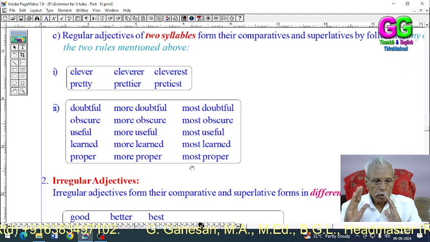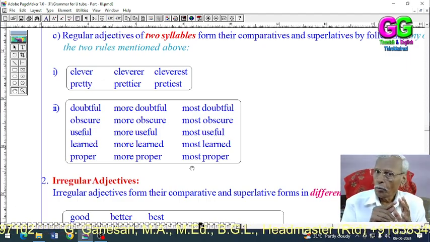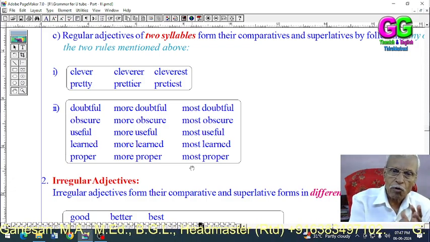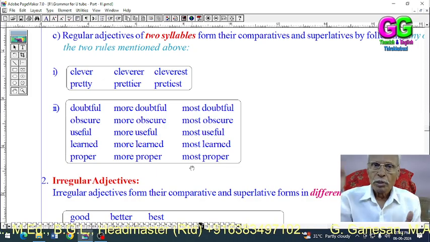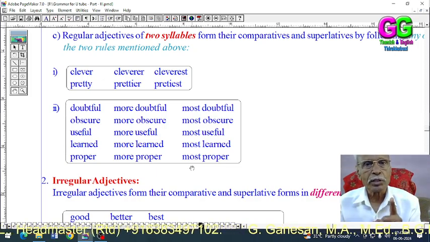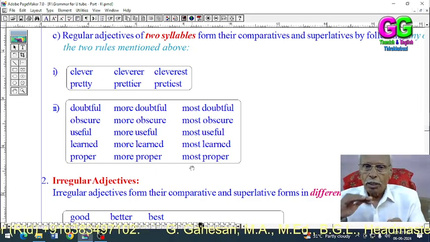So, regular monosyllabic adjectives form comparative and superlative forms by taking er and est. Polysyllabic adjectives take more and most.